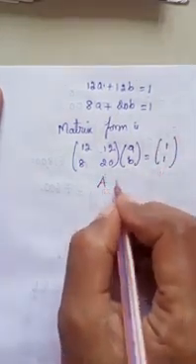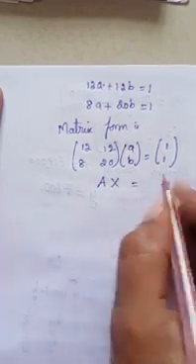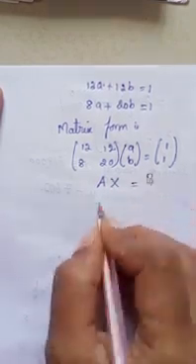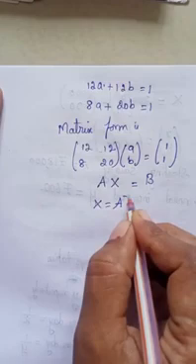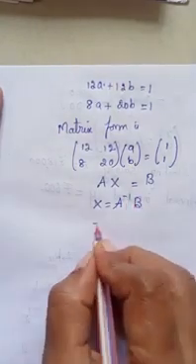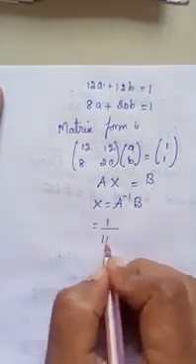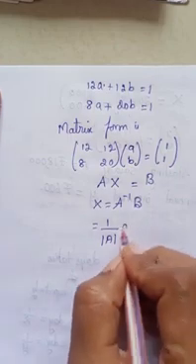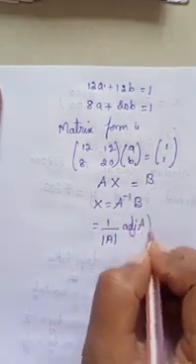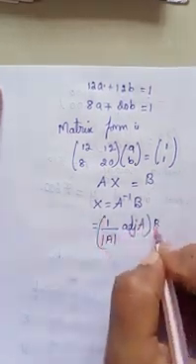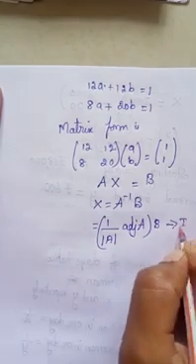So I can take it, this is AX equal to B. So X is equal to A inverse into B. A inverse, the formula is 1 by determinant A into adjoint A. So this is B. You can mark it as big one.